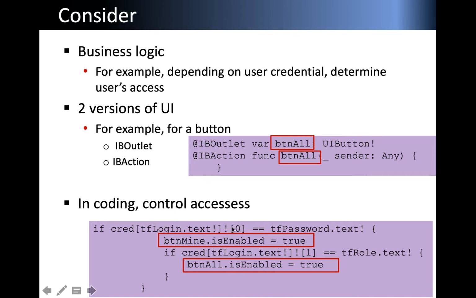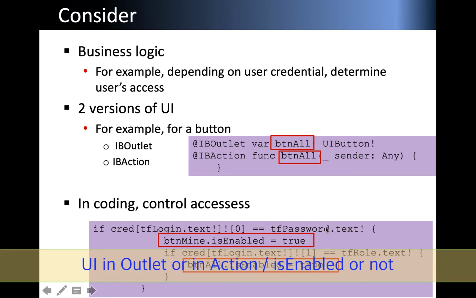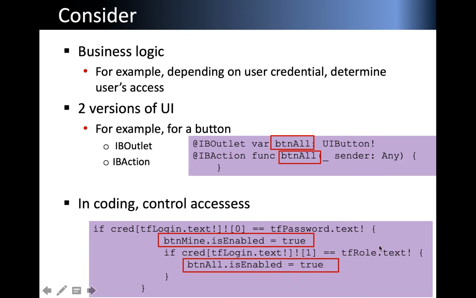Initially we bring up the password, which is the first element of that array, and compare that with the user input password. If they passed, then we allow this button. And further, if the role matches the user input, then we also allow another button.